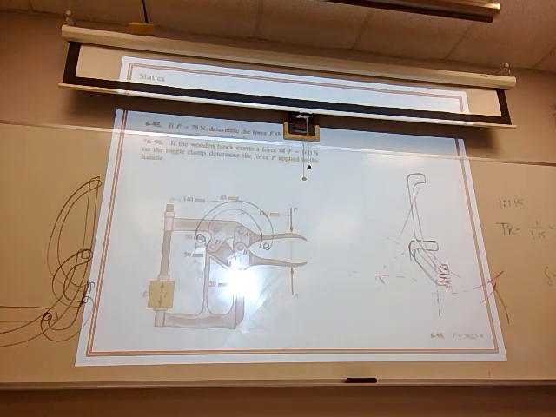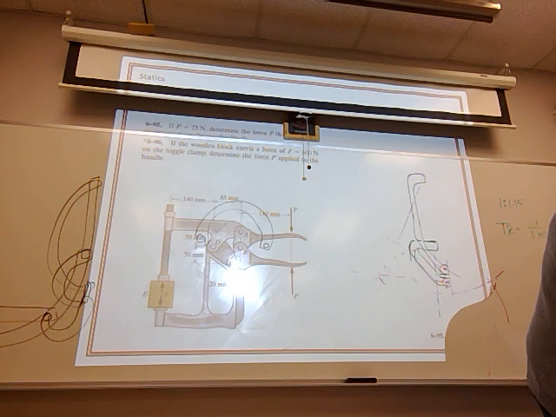Things that aren't on there, I put together a bunch of statics problems. And I was working through them the other day. I didn't do all of them. So let me see which is a good one to do.